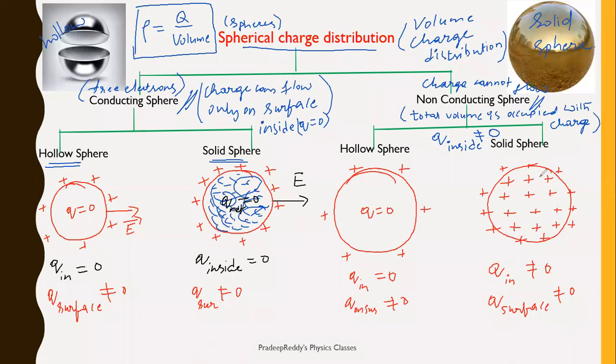Therefore, here you will be calculating total volume. But in case of hollow sphere, conducting or non-conducting, and solid conducting sphere, in all these cases, inside it will be 0. Very, very important things which we have learned now. Using these concepts, we will be deriving equations for electric field at the center, on the surface, and outside the surface.